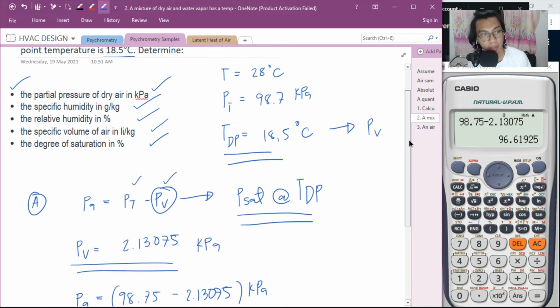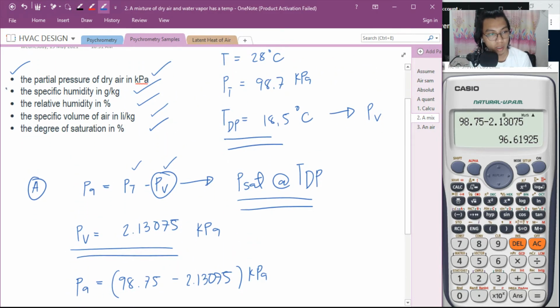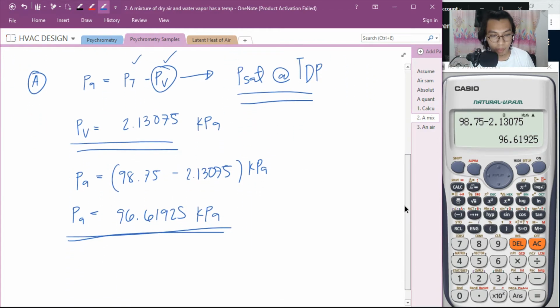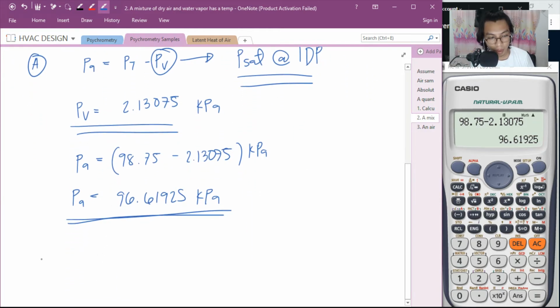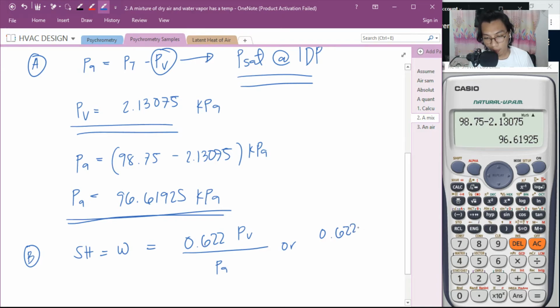How about the second part, the specific humidity? When we say specific humidity, that is omega. So, B, specific humidity, or omega, is equal to 0.622 times PV divided by PA, or 0.622 PV divided by PT minus PV.